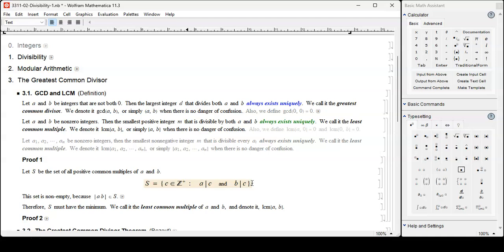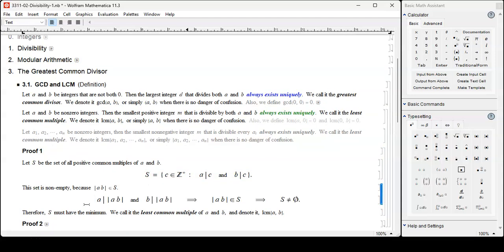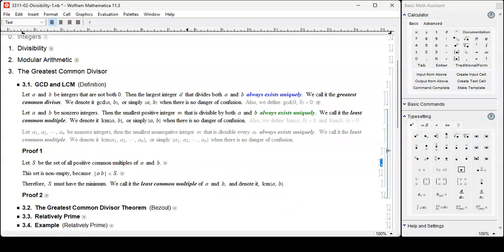And it is non-empty because we can find at least one element, the absolute value of A times B. A divides A times B, and B also divides A times B, but that A times B could be negative. So if so, then we multiply by -1 so that we get the absolute value, then it works out. And the absolute value of A times B belongs to this S, yes, because A and B are both non-zero. So we have a non-empty subset, so it has a minimum, and that minimum is the least common multiple.